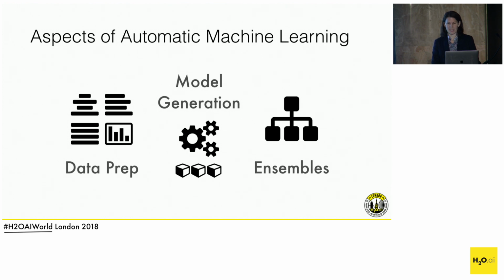Okay, so I'm just going to explain a little bit about what automatic machine learning is, because it's kind of a generic or ill-defined term. So I'm going to give you my definition of what I think it could include. It could basically include anything that you would do as a data scientist, in automating that process. That might include some aspects of data preparation.